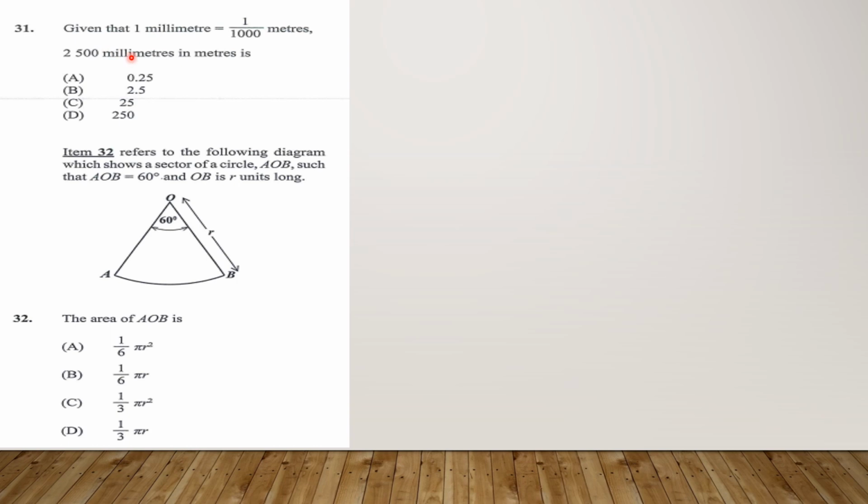Question 31. Given that 1 millimeter equals 1 over 1,000 meters, 2,500 millimeters in meters is, so that is saying 1 millimeter is equal to 1 over 1,000 meters.